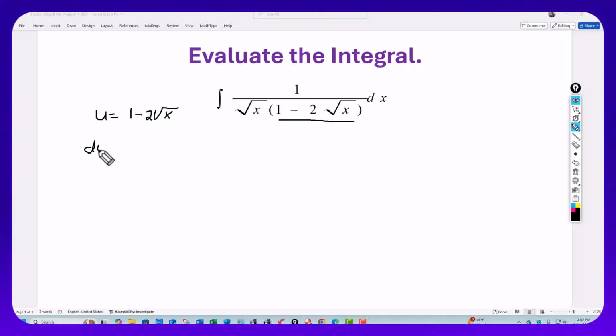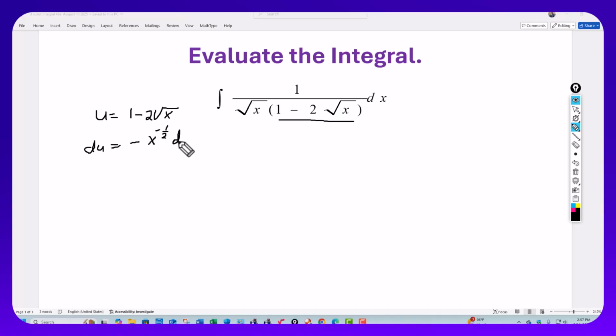So then when I take the derivative of both sides, du on the left, the derivative of 1 is 0, and the derivative of minus 2 square root of x will give me a minus x to the negative 1/2. Look at this as square root of x, that's x to the 1/2, so this becomes a minus 1/2 here as the exponent.